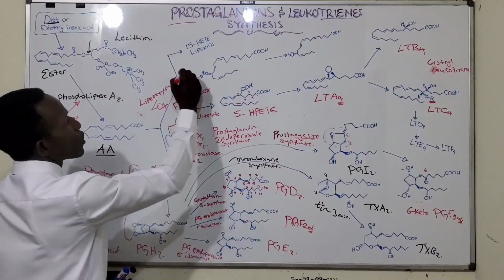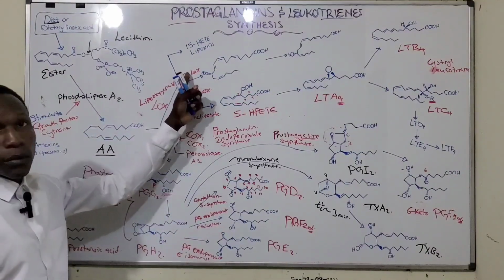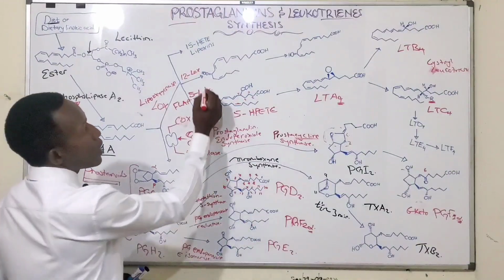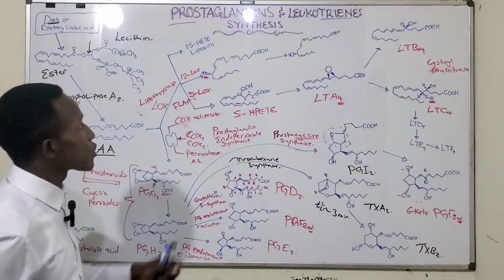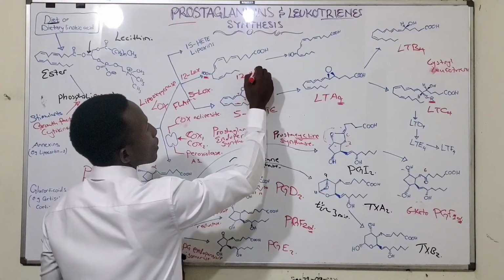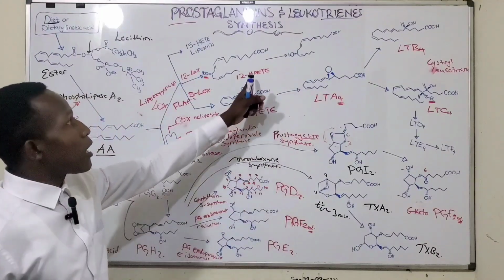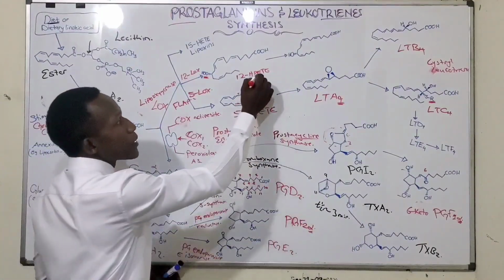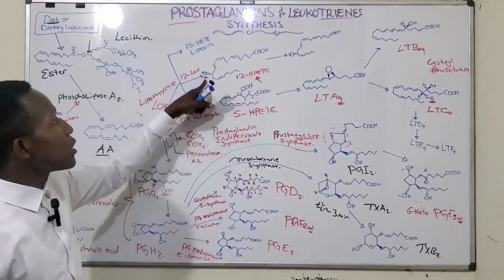Then this one is called 12 LOX, the enzyme 12-lipoxygenase, because the activities are at the 12th position. So we shall get this 12-HPEPE. There is this P because of the peroxide. You have a peroxide at position 12.